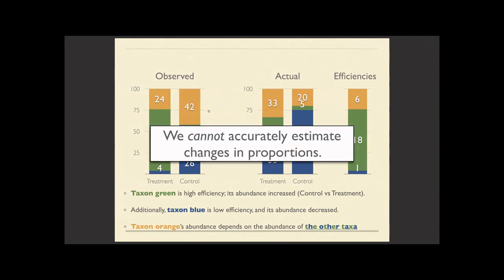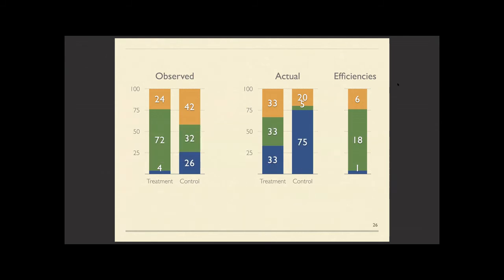A big takeaway is that we cannot accurately estimate changes in relative abundances or in proportions based on data generated from this model, which we have good support for based on this Brooks data and also another data source described in the paper regarding shotgun data. I'll come to that in a second.